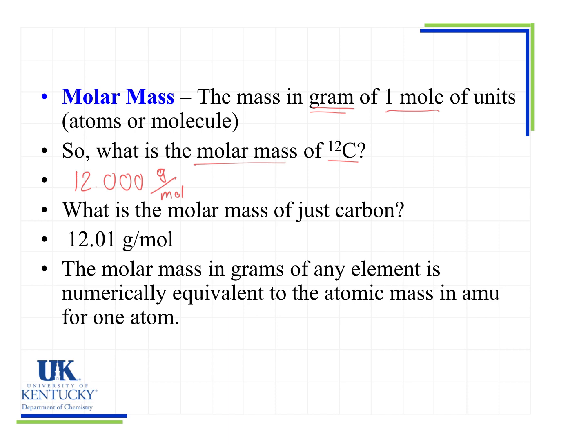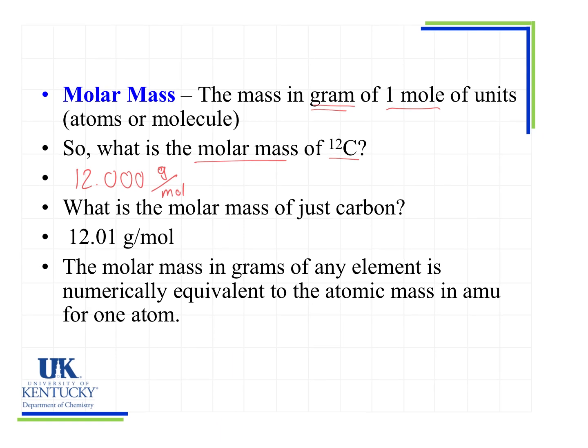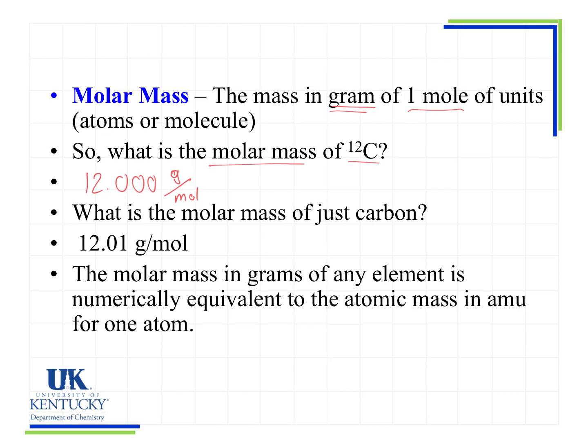So as we said, molar mass is the gram of 1 mole of units, and that could be atoms or molecules, or it could be anything. When we say we have 1 mole of carbon, it means we have Avogadro's number of carbon.